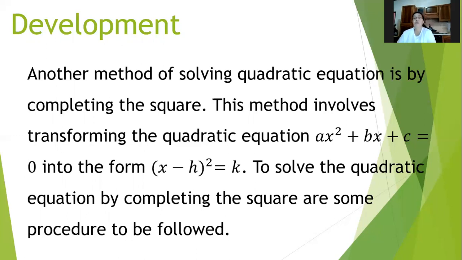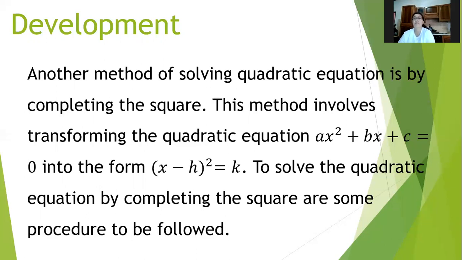This method involves transformation of quadratic equation ax squared plus bx plus c is equal to 0 in the form of quantity x minus h squared is equal to k. To solve the quadratic equation by completing the square, there are some procedures to be followed.